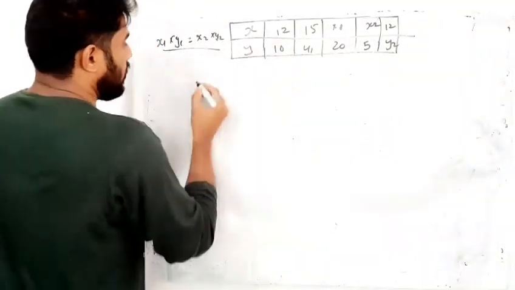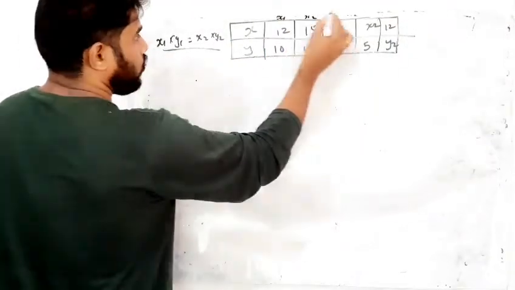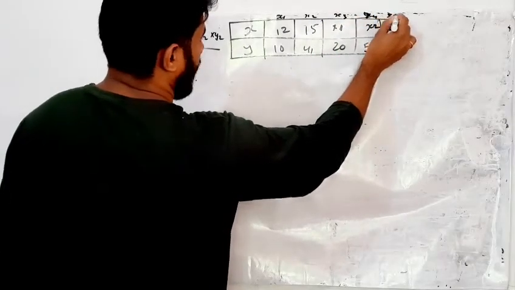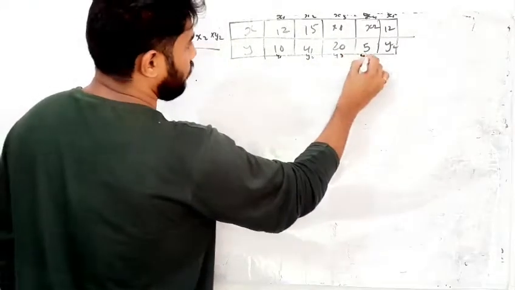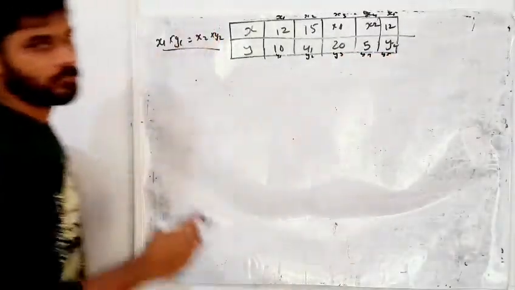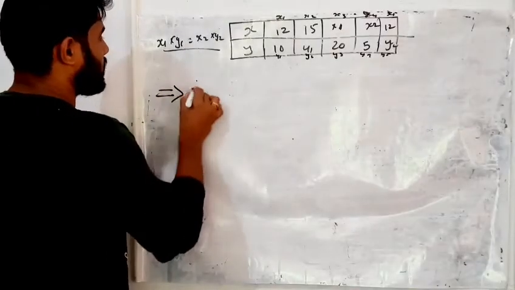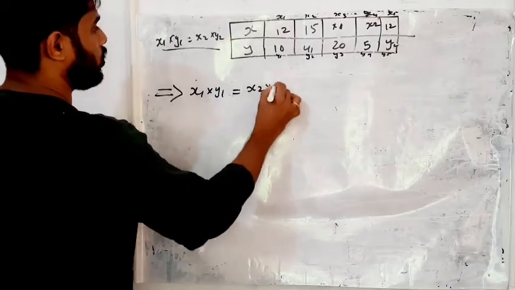Here we know that these are x1, x2, x3, x4 and x5, and these are y1, y2, y3, y4, y5. So we can give the values here. First, x1 into y1 is equal to x2 into y2.